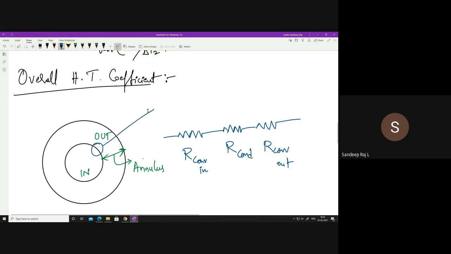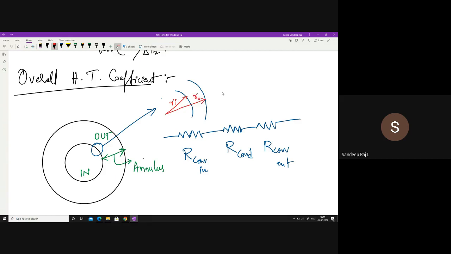If I zoom in on the tube, this will be Ri, this will be Ro.